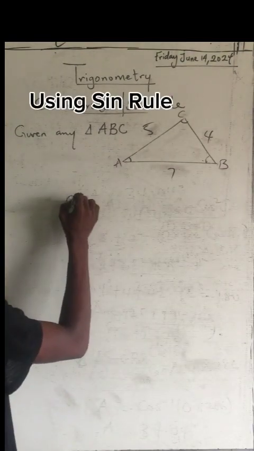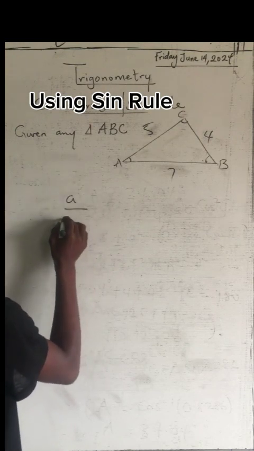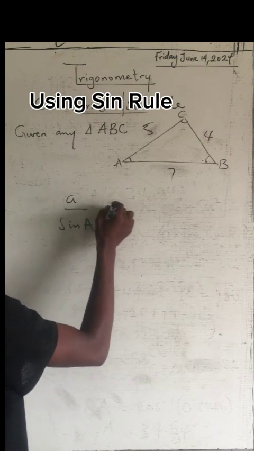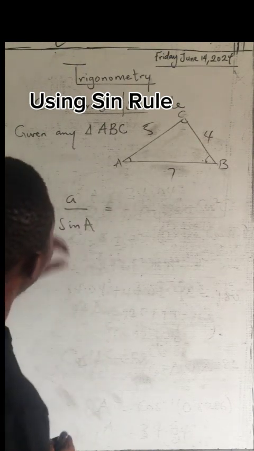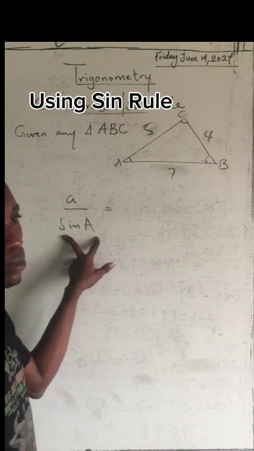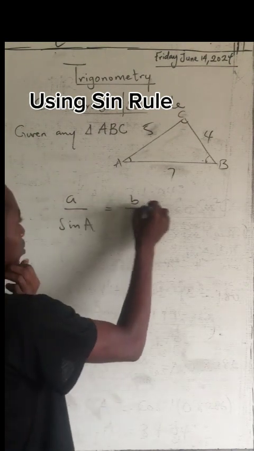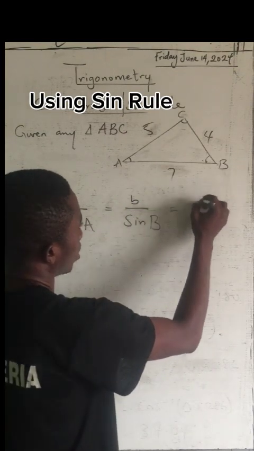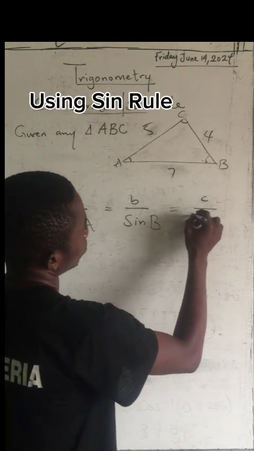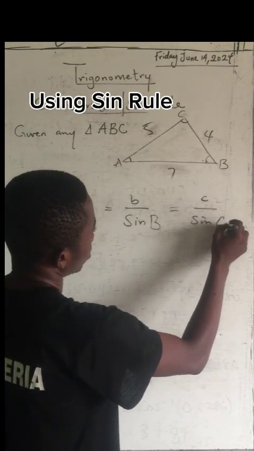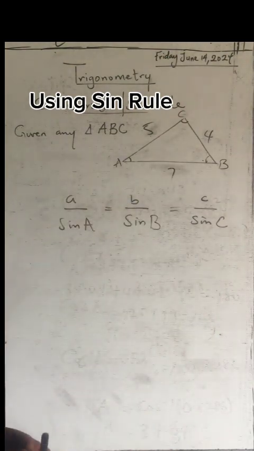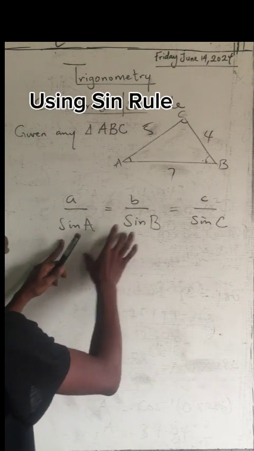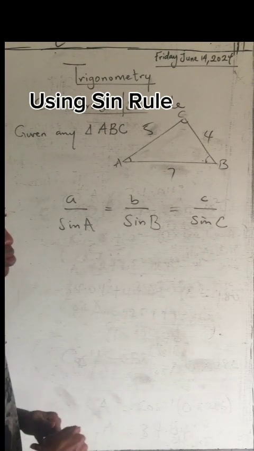Now the sine rule states that if you have a side here, you are also going to have the sine of the angle. You're going to find the ratio of the side and the angle, then for the other side, and then for the last side, sine C. So the sine rule states that we can use any two of the ratios together.